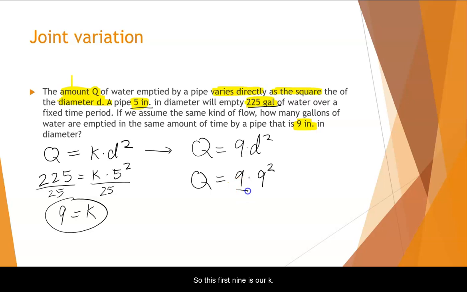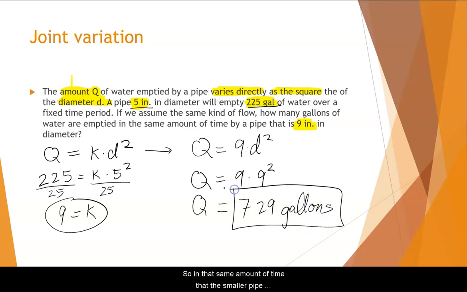So this first 9 is our k, and 9 squared is our diameter squared. 9 times 9 is 81, and then times this third 9, it's 729. So in that same amount of time that the smaller pipe empties 225 gallons, the larger pipe empties 729 gallons.